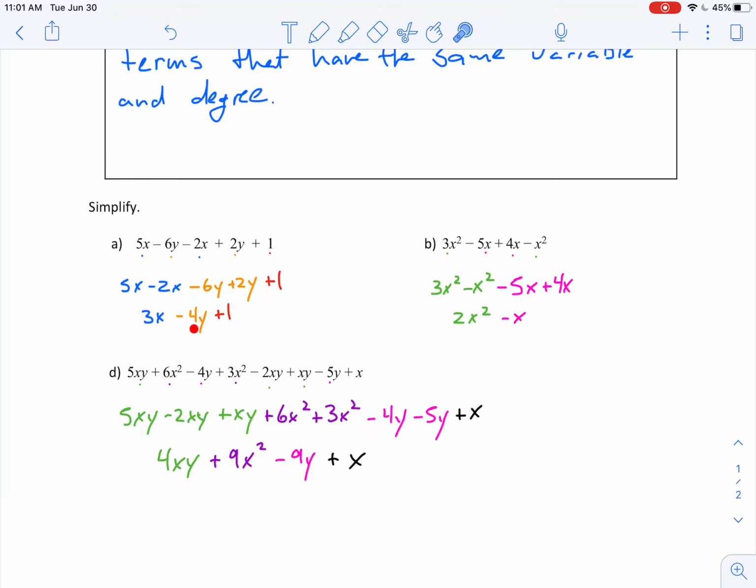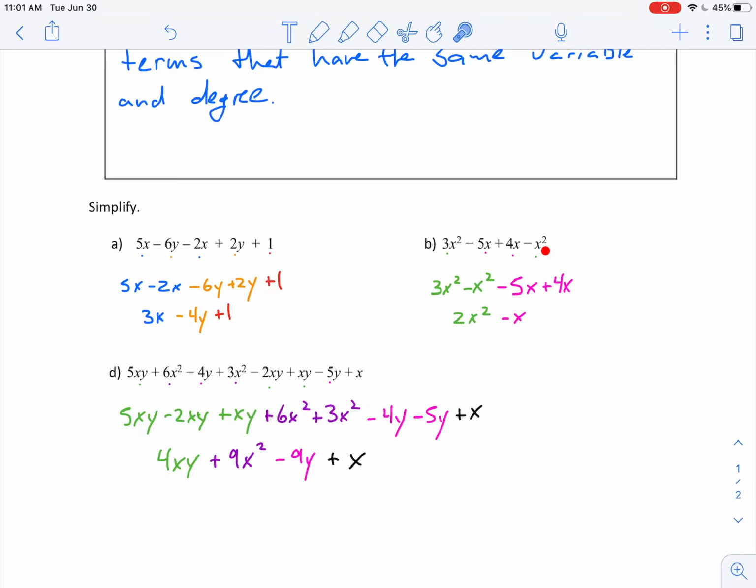Gives me negative 4 of the other thing. And then our constant of 1. So we can see how we can perform the math here. I can take an x away from another x. I cannot take a y away from an x because we don't know what those are, but we know that they are different.